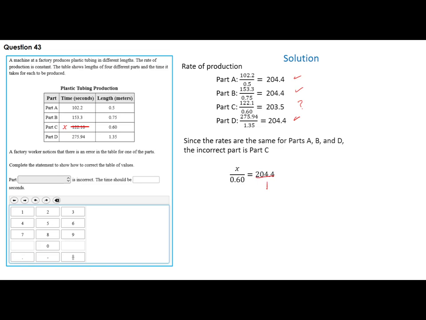You can put over 1 here, do cross multiplication, and you get X equal 122.64. So it's not 122.10, it's 122.64. And you fill in that the error was in part C, and that's how much the time should be.